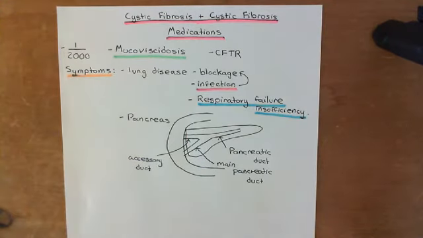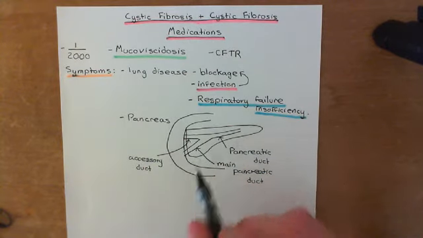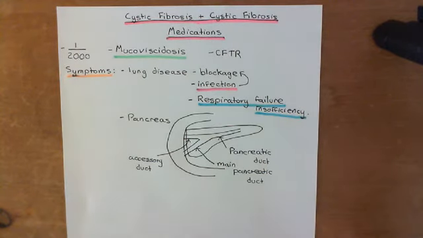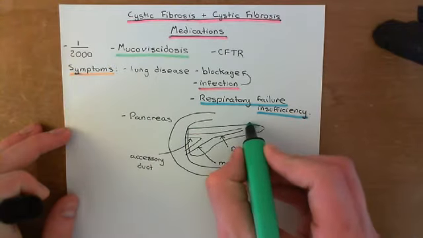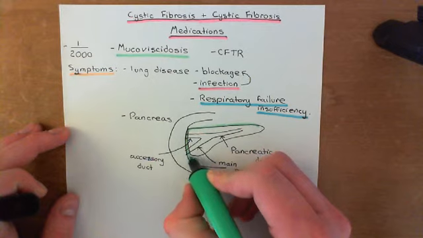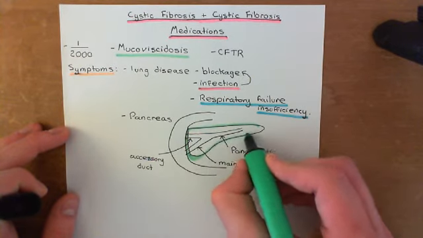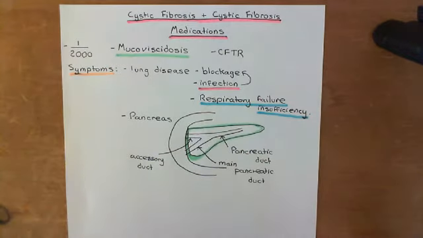So those are the massive great ducts of the pancreas here, but there are loads of other ducts that will be feeding into them. If you are obstructing pancreatic ducts, then the enzymes which the pancreas is secreting end up blocked.